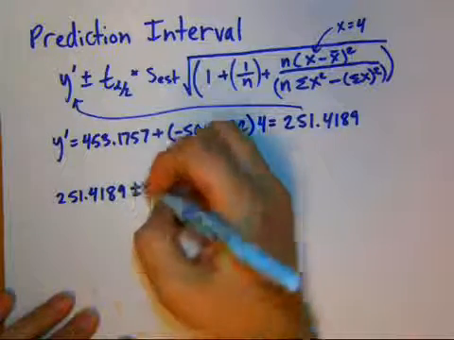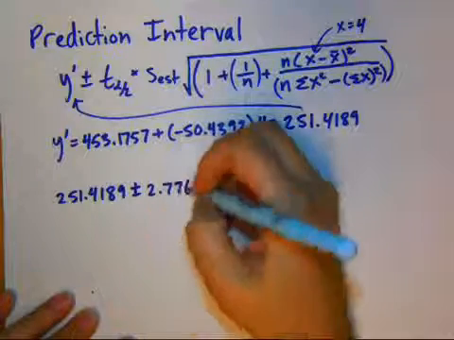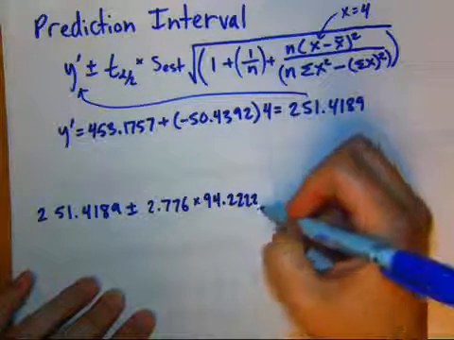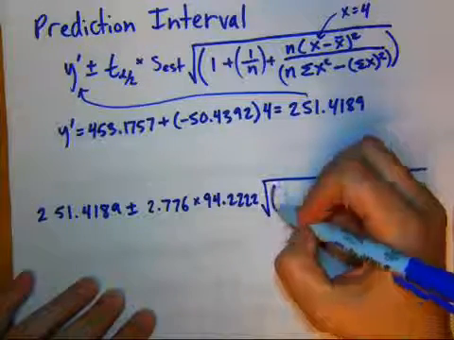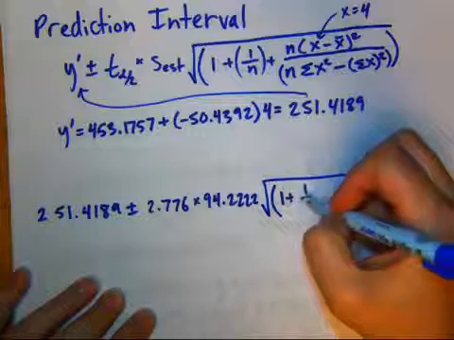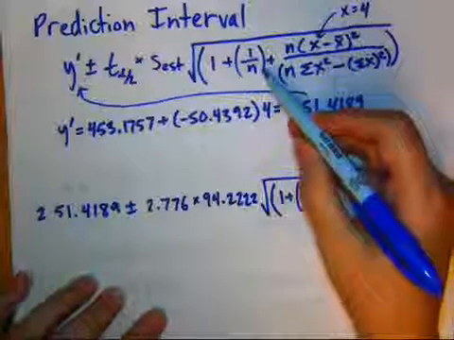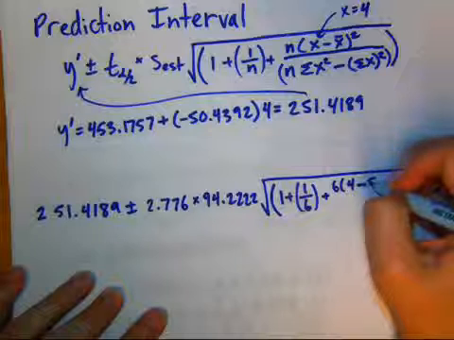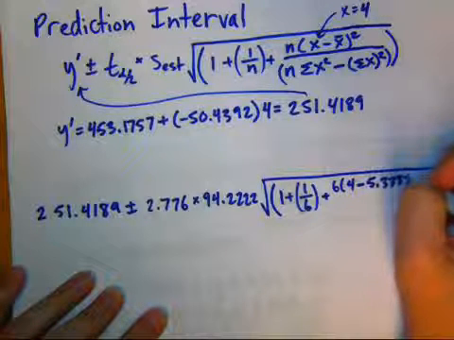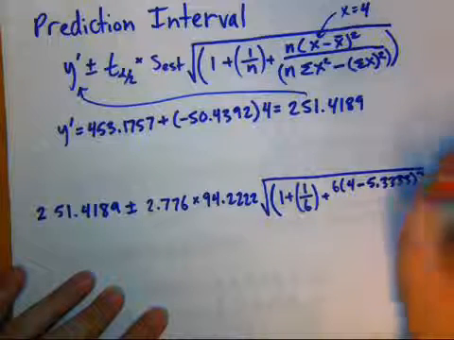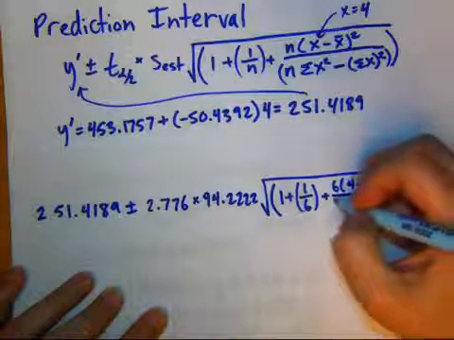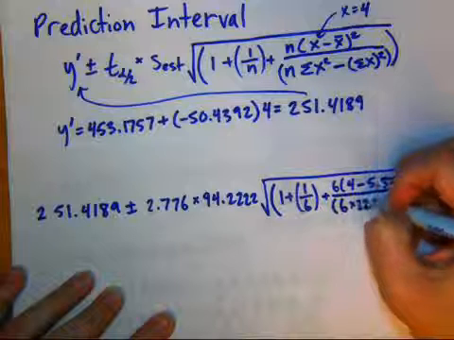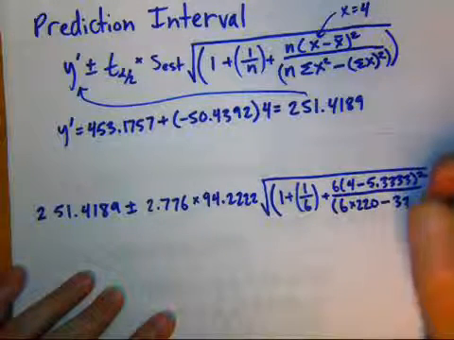So if we start substituting each of those values in, we have 251.4189 plus or minus 2.776 times our standard error of estimate, 94.2222, square root, parenthesis, 1 plus 1 over 6, that's the 1 over n, plus, and we have 6 times 4 minus 5.3333 in the parenthesis squared divided by, new parenthesis down here, 6 times 220 minus 32 squared.